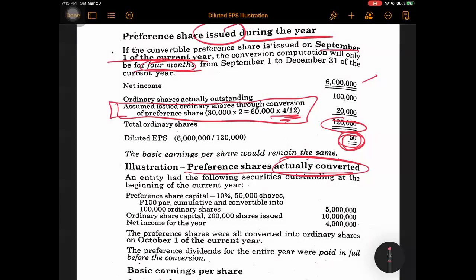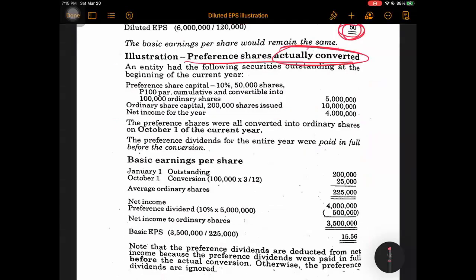So, based on the problem, let's see the preference share capital. You have 10%, 50,000 shares, 100 par, cumulative, and convertible into 100,000 ordinary shares. Therefore, this preference share can be converted into 100,000 shares. And you have actual ordinary shares outstanding of 200,000, net income for the year 4 million. The preference shares were all converted into ordinary shares on October 1 of the current year.